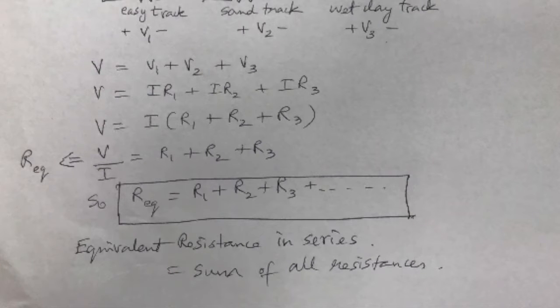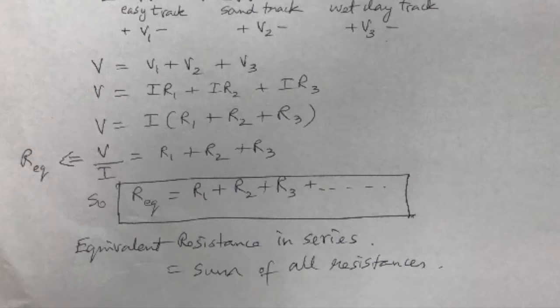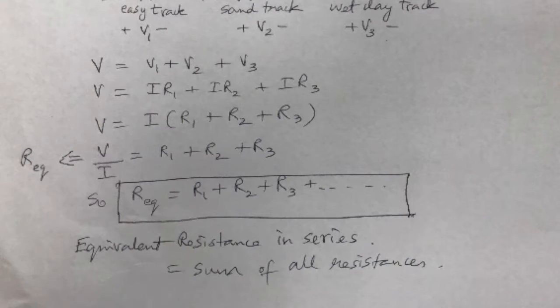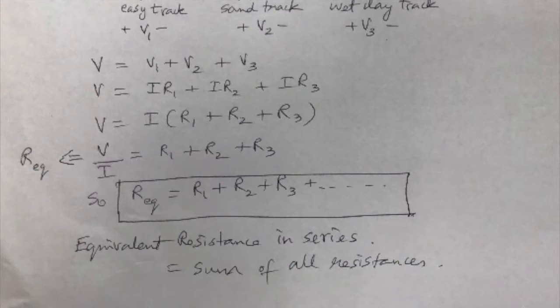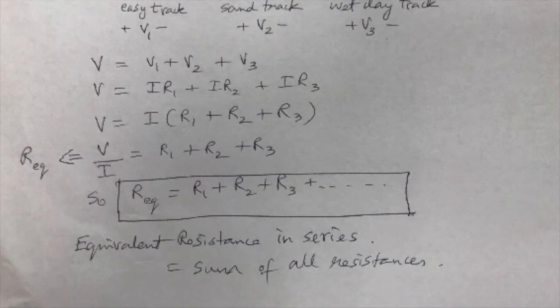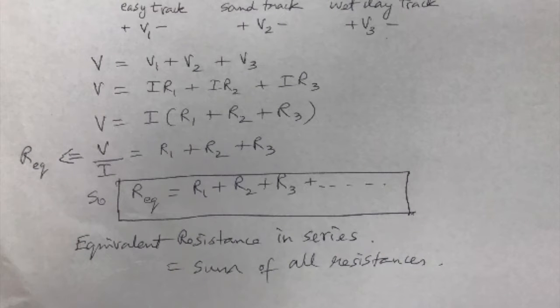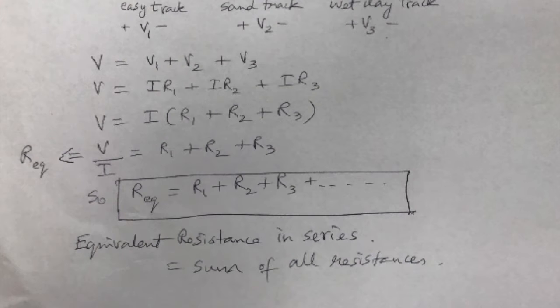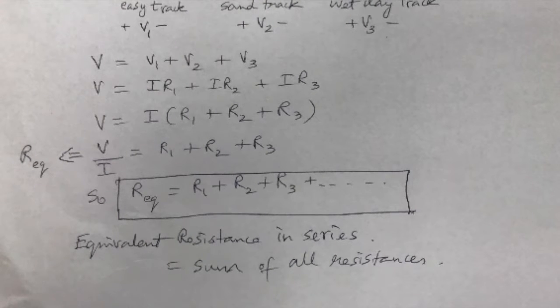You understand that? So instead of three different tracks, can I just have one track which will create the same number of people run through it? That is called R equivalent. So what is R equivalent? That is here, R equivalent. So what you can see from here is the R equivalent is equal to R1 plus R2 plus R3 plus R4 plus R5.